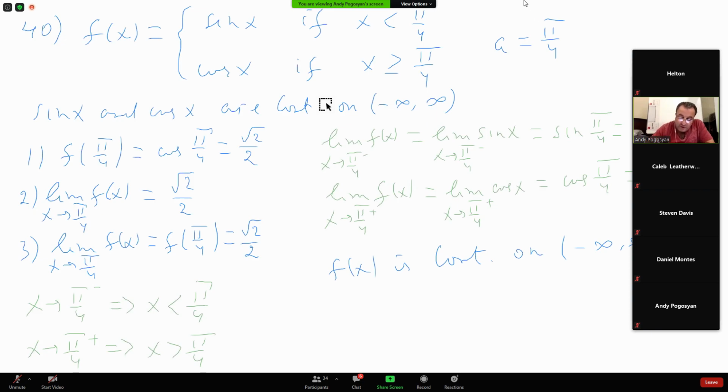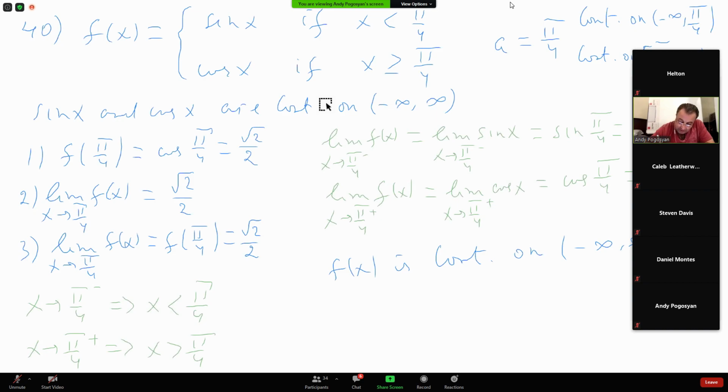See, the first one means continuous on negative infinity to pi over 4. The second part means continuous on pi over 4 to infinity, or even if you don't include it, it's fine. So it's continuous at pi over 4 also.